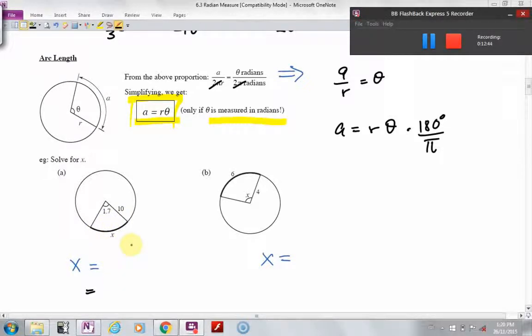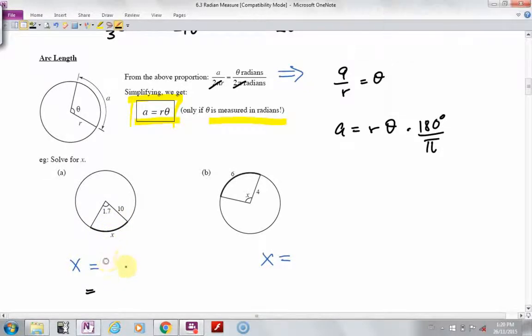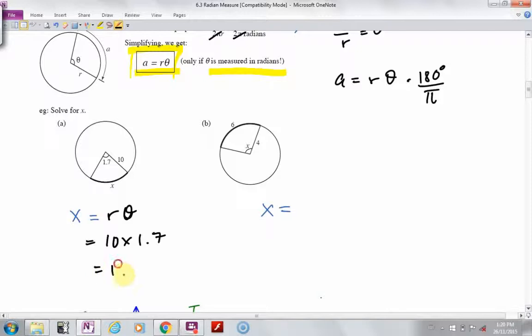Arc length is r theta, which is 10 times 1.7, so we should have 17. And the sector angle here, what are you getting for that? Alfred? 1.5, yeah, or 3 over 2. Here, x is our angle, so our angle is a over r, which is 6 over 4, which is 3 over 2, or 1.5. Either one.